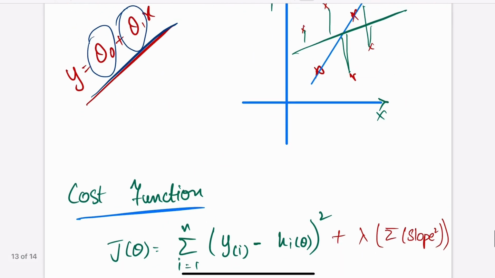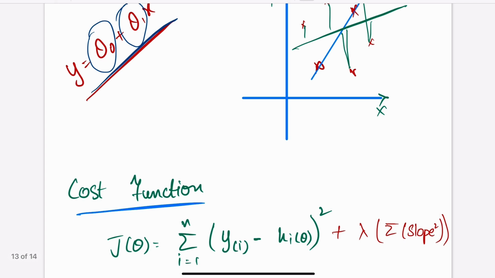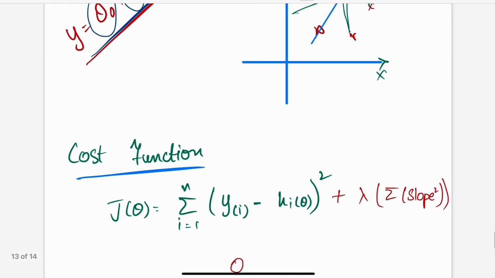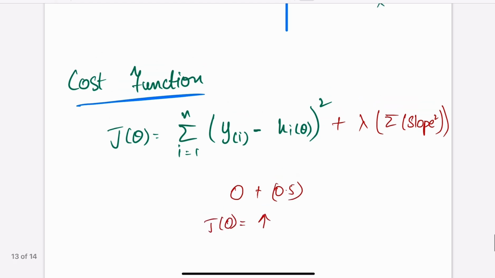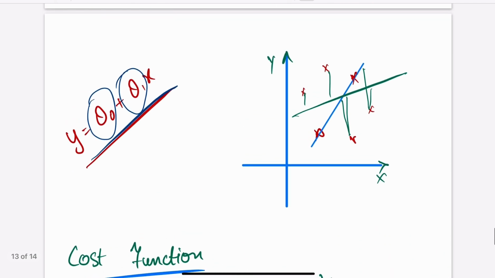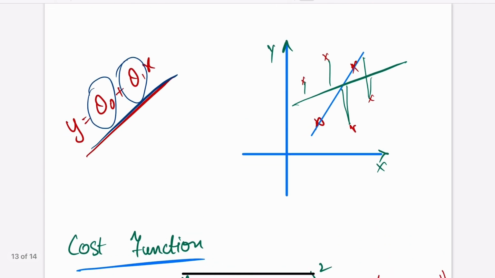So what you're gonna do is add something to this error function so that the error won't be zero. What you're gonna add is some positive value, like 0.5, so that the cost function increases. If the cost function increases, you will modify the theta values so that it will be a little bit generalized.